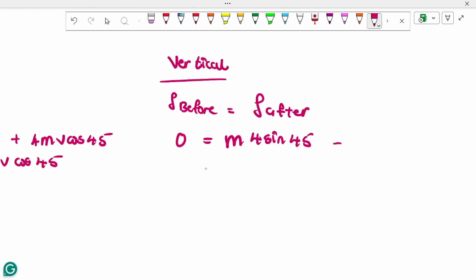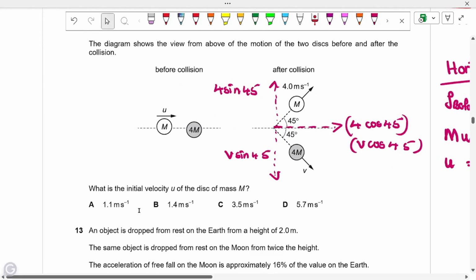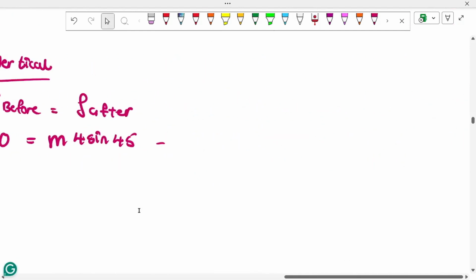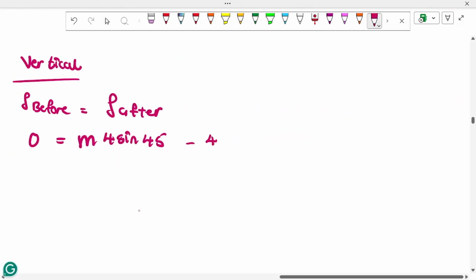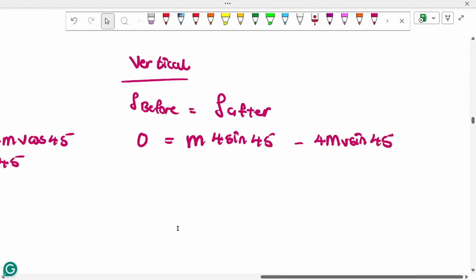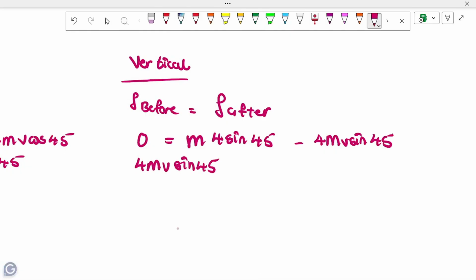So I'm going to have negative 4m v sine 45. My goal is just to find the value of v, basically. So I have 4m v sine 45 is equal to 4m sine 45.